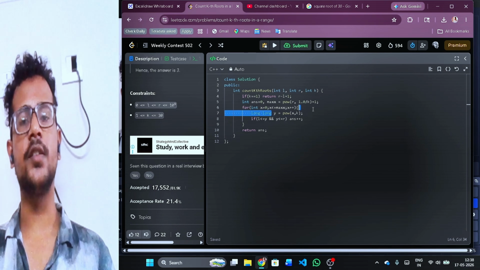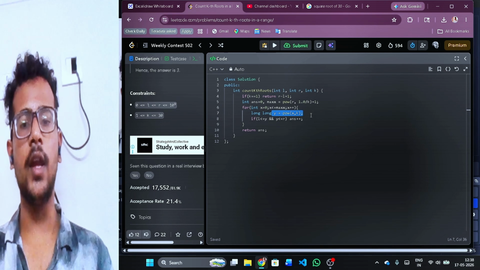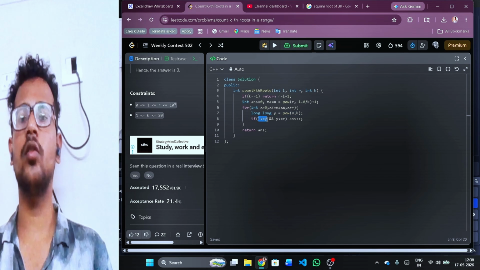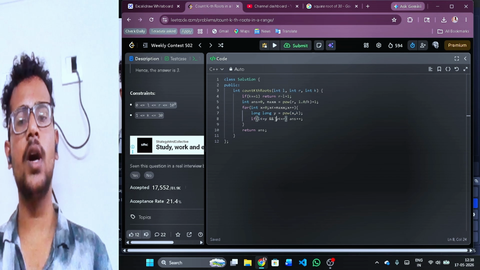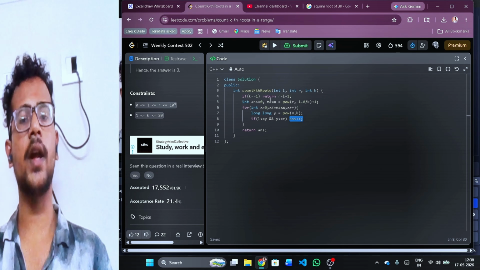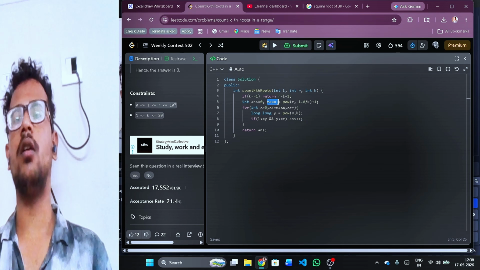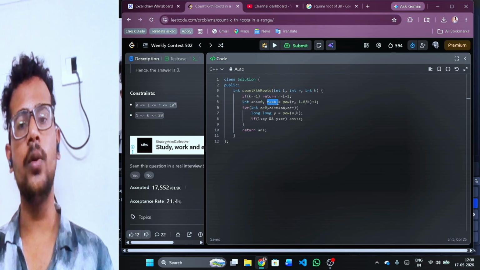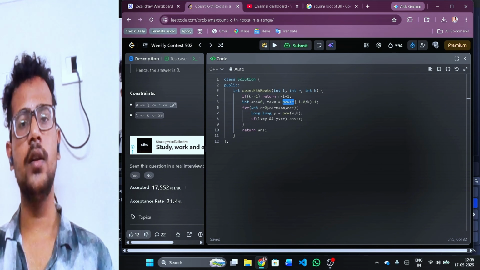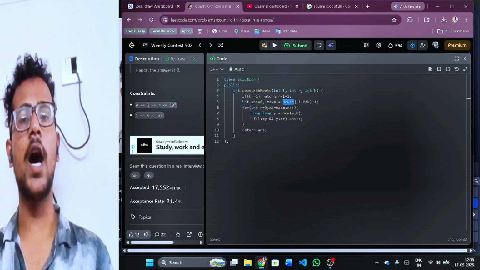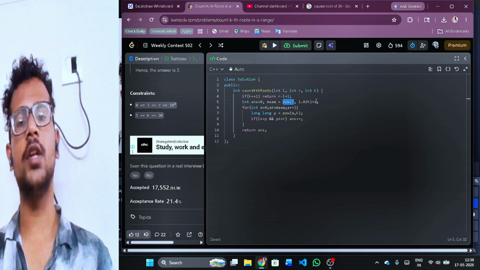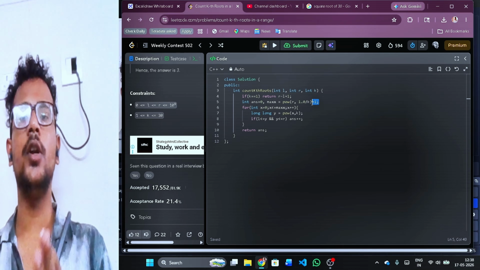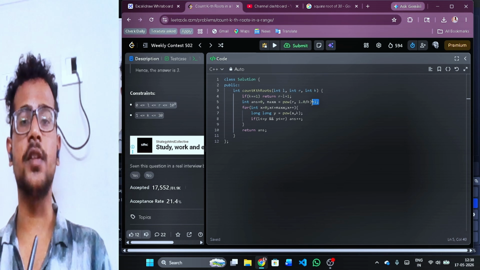The y is nothing but the power of x comma k, and this value y should be greater than or equal to L and less than or equal to R. Then we'll increment our answer. And the maximum x can go is R power of 1 by k, plus 1. As I said, if I don't go with the 5, I'll miss some counts.